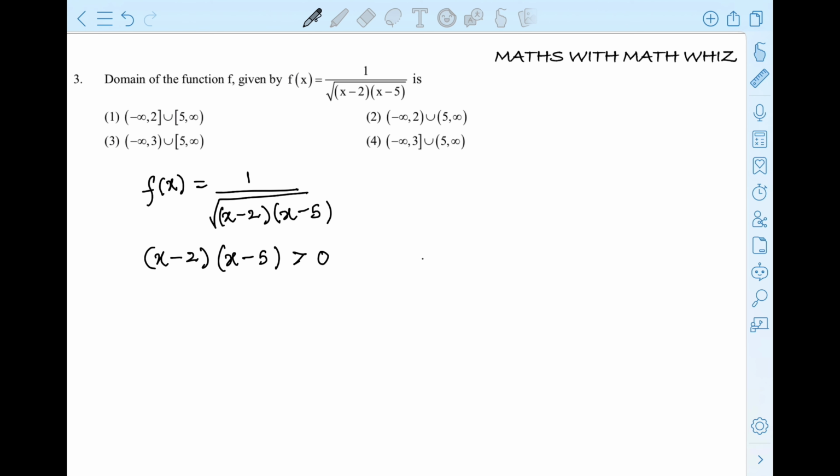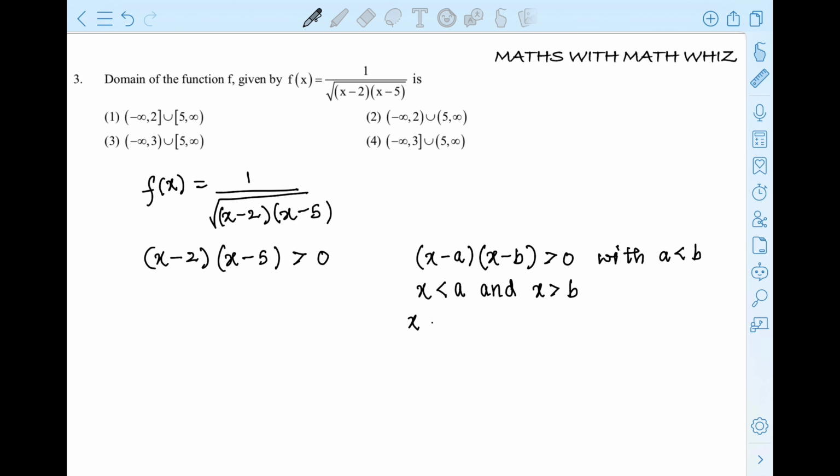Now this is of the form (x minus a)(x minus b) greater than 0, with a less than b. Here I can consider a is equal to 2, b is equal to 5. If it is something like this, x is lesser than the lesser root and x is greater than the greater root.